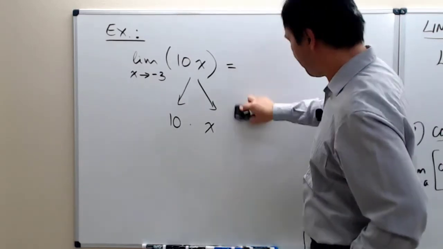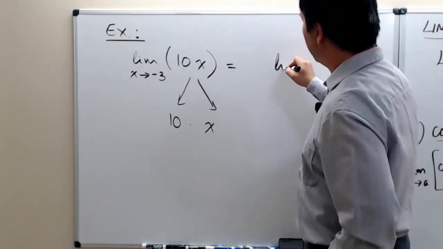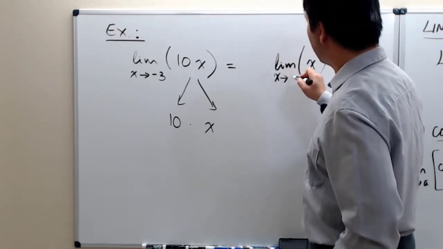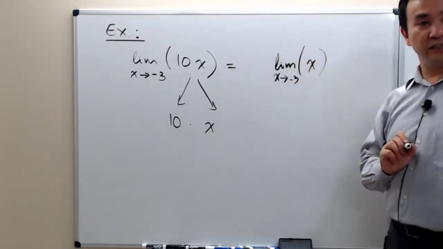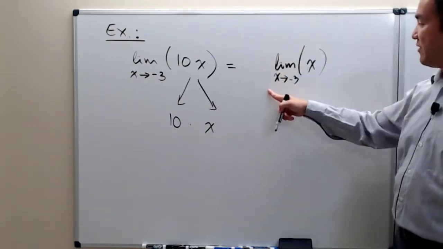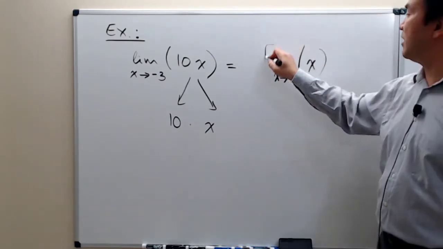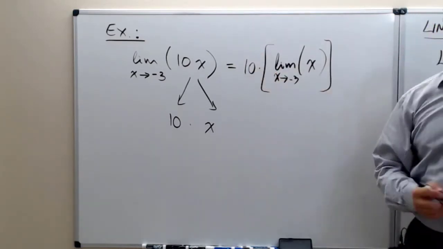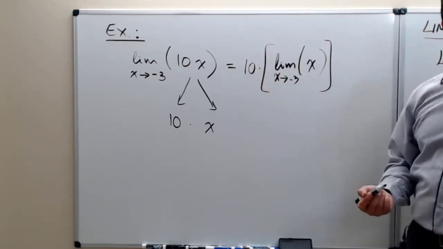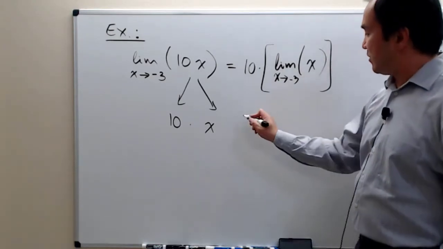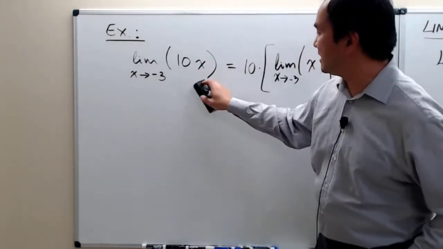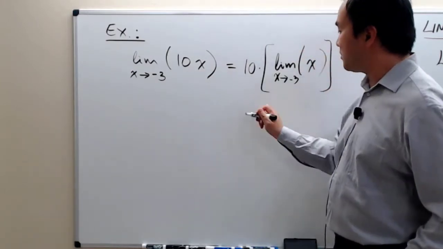I need a little more space for myself, but find the limit of the simple function x by letting x get close to -3, generally from both sides. Then whichever comes out of this limit, we can simply multiply with that constant multiple, which makes the process a lot easier. So I'm going to erase all these unnecessary explanations at this point.